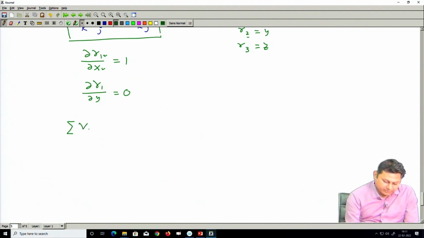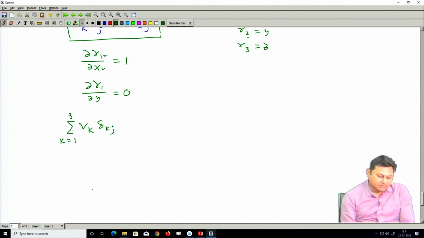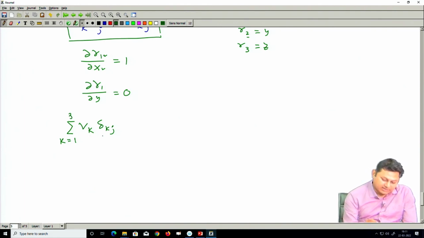Also, consider the summation of V k delta k j. So, I multiply V k. k is a variable here, it can take 1 to 3, and j can also take the value 1 to 3, but here k is repeated. So, using the Einstein notation, I can write V k delta k j. j is a given value, k is changing from 1 to 3.